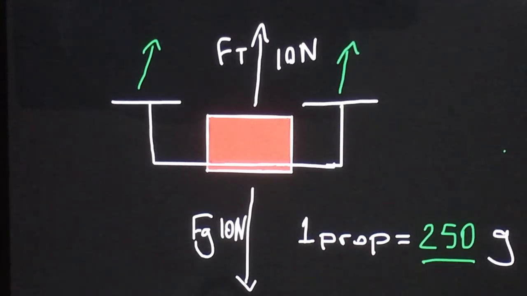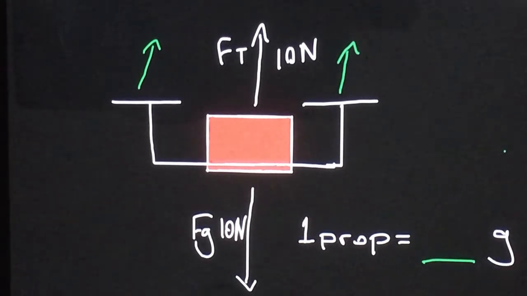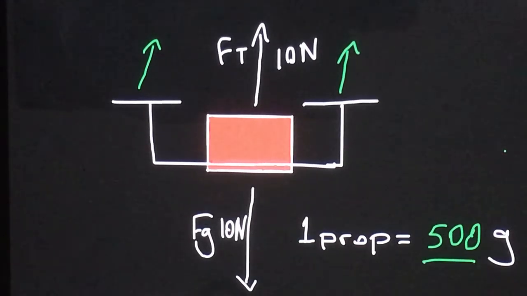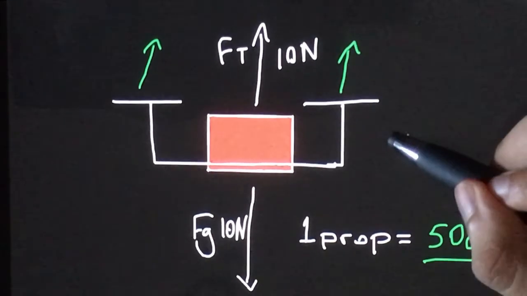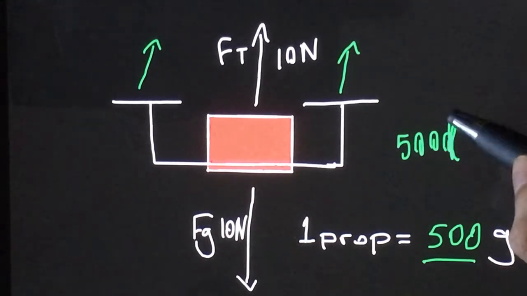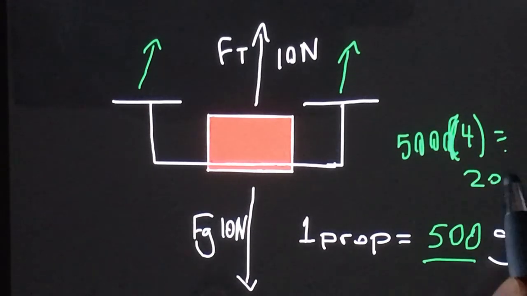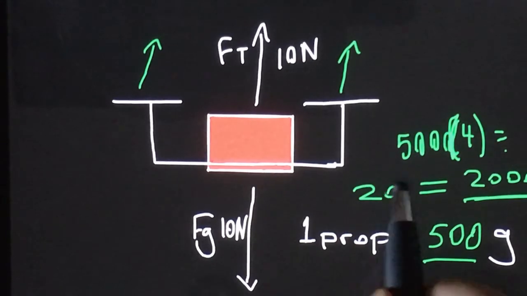So what happens if we change that number? What happens if we change it to a number like 500? So we have 500 grams for every single propeller. What does that mean? This would convert into 500 times 4, which equals 2,000 grams. And what does that equal? That equals 20 newtons of force.